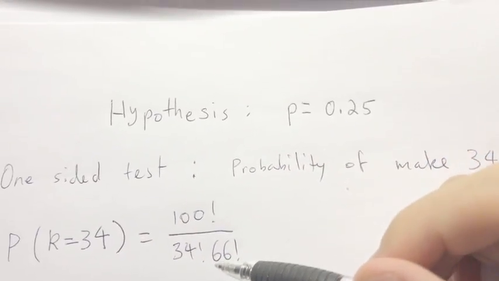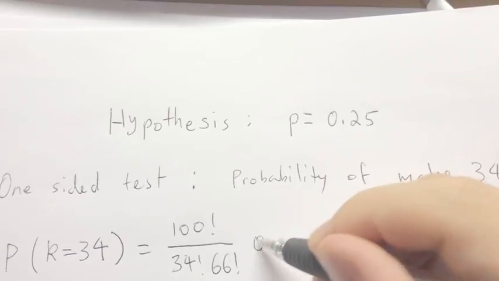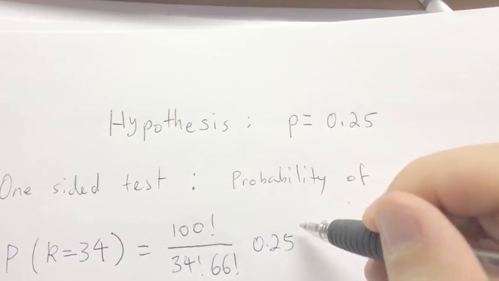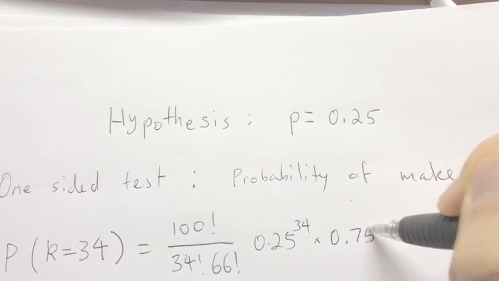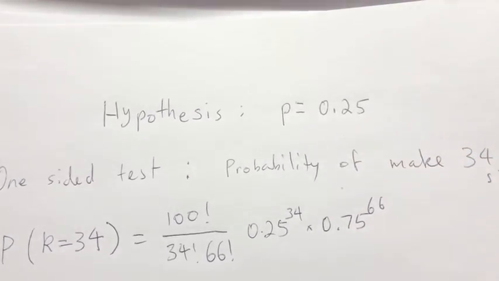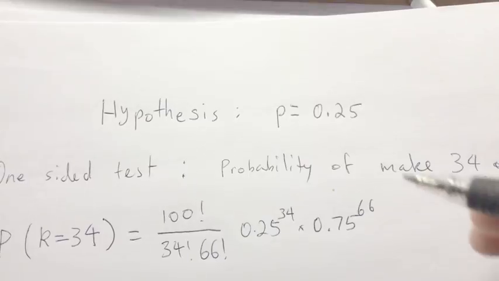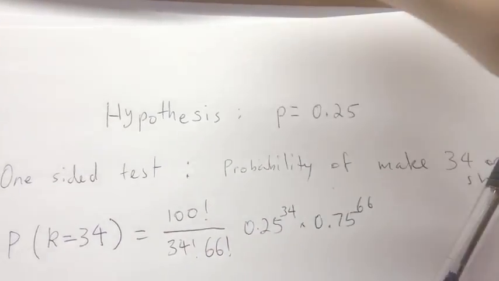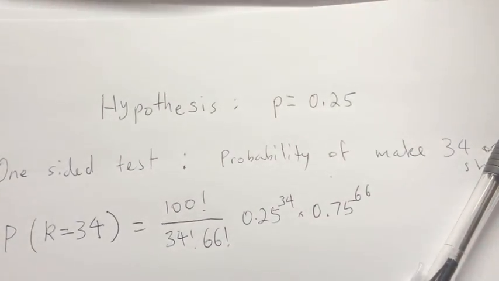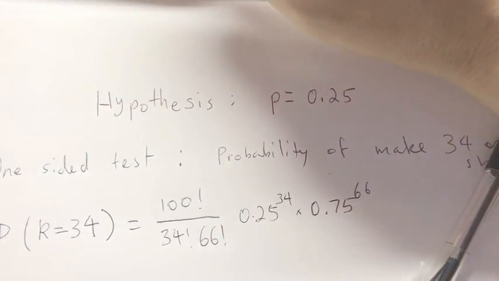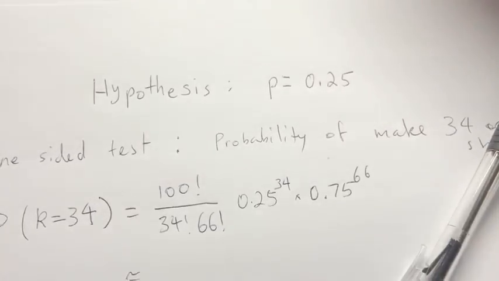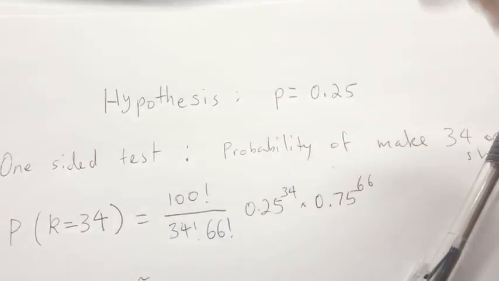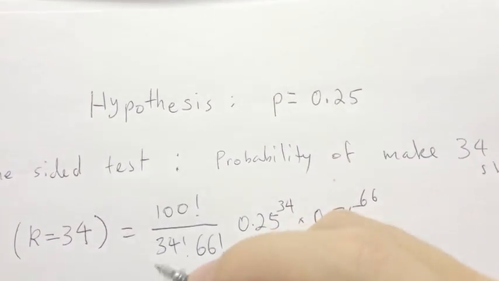So that's 100 choose 34 times 0.25 to the power of 34 times 0.75 to the power of 66. So we put this into Google and we get something like 1%, 1.1%.